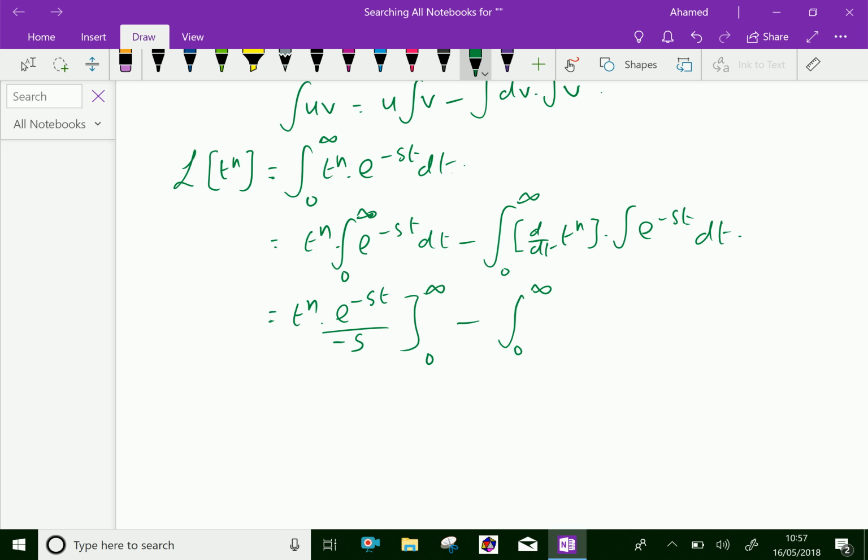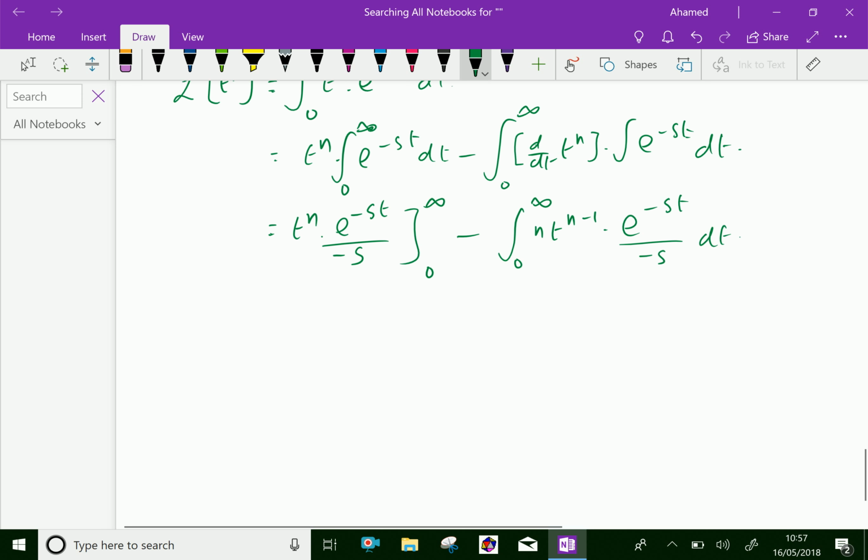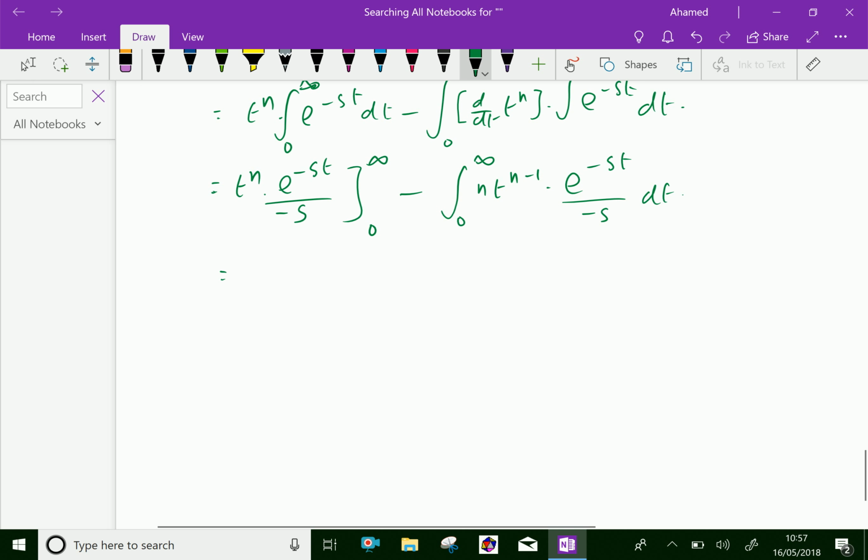Differential of t power n is n into t power n minus 1, into integral of e power minus st, which is e power minus st over minus s, dt. Here t power n times e power minus st over minus s, let us put the limits of infinity and 0.